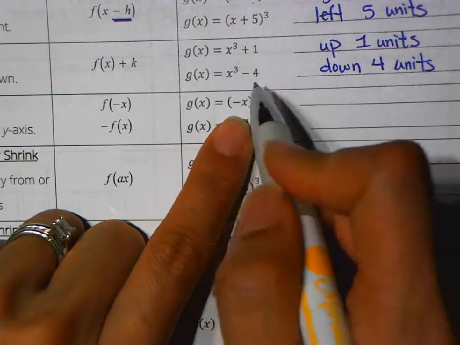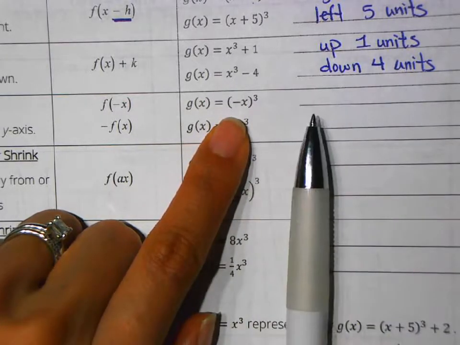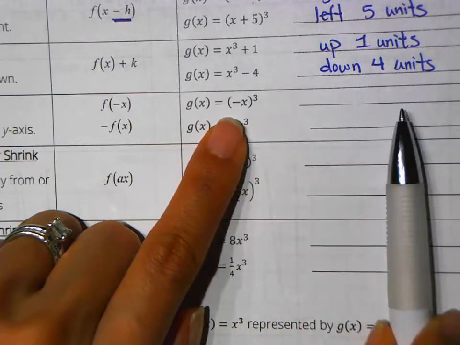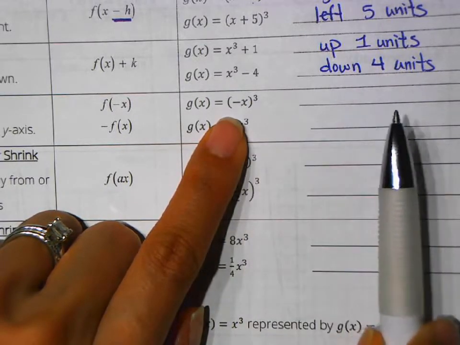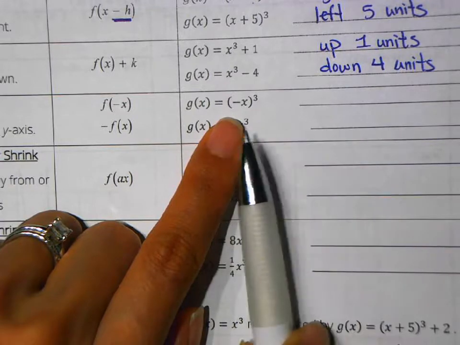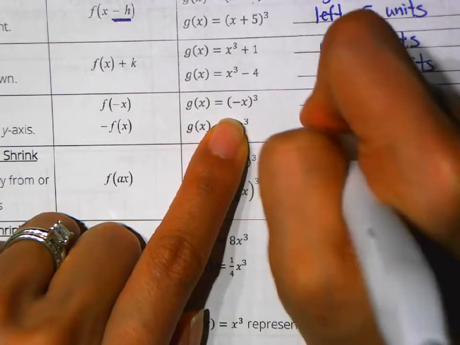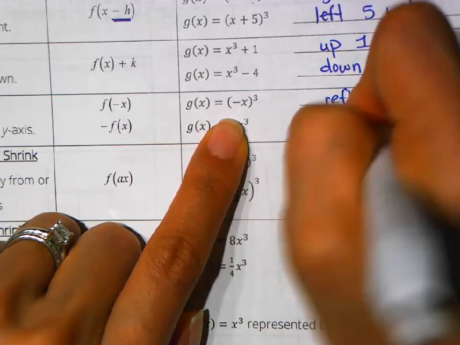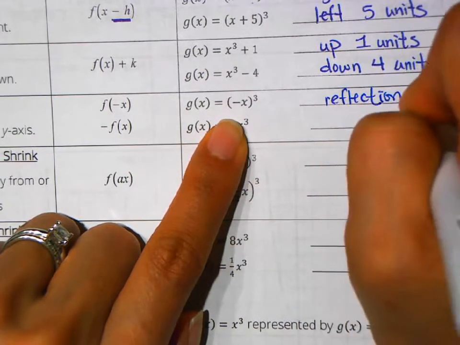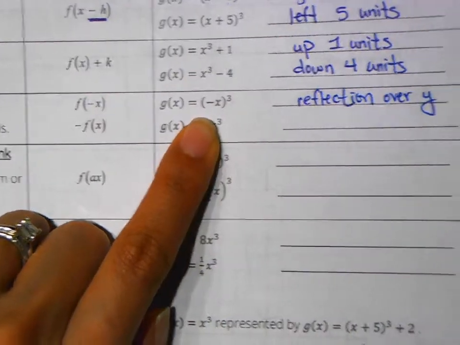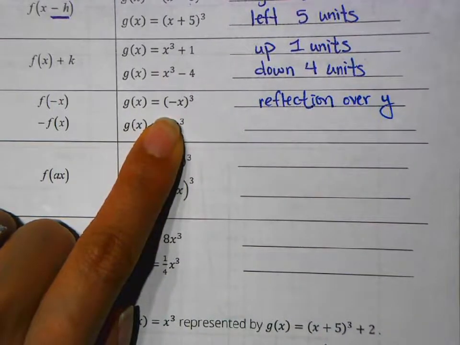That is a horizontal movement. So when you're reflecting something horizontally, you're actually reflecting it over the y-axis. So when you have a negative on the inside, it is a reflection over the y-axis.